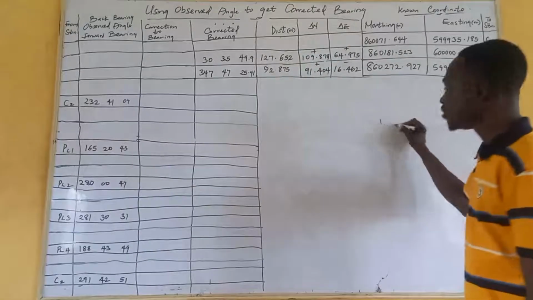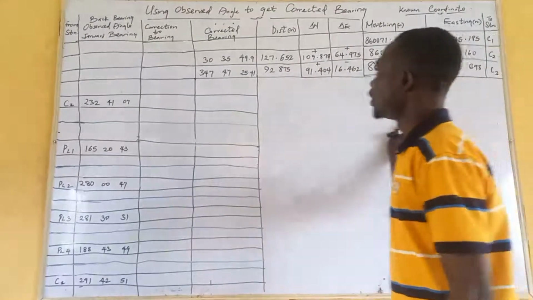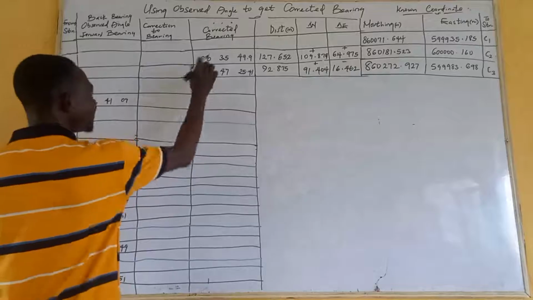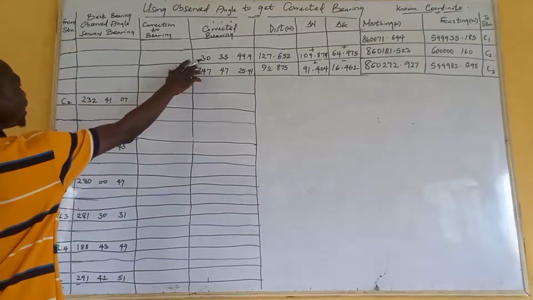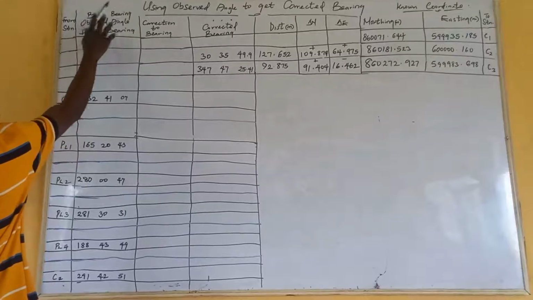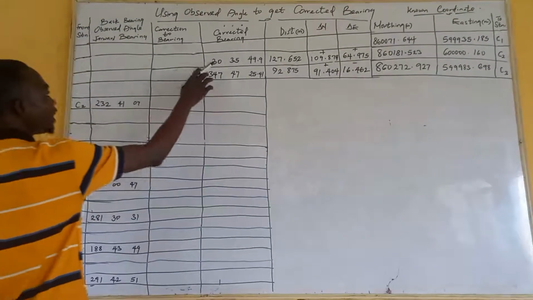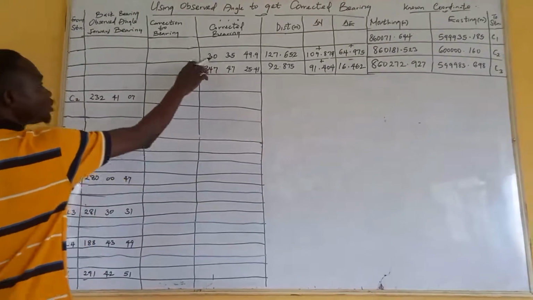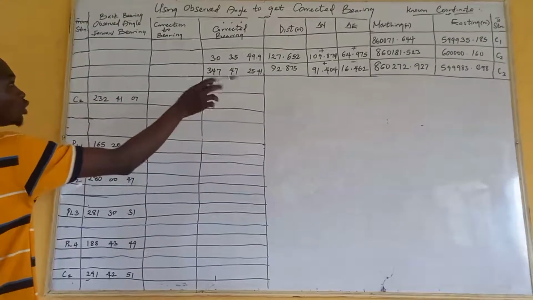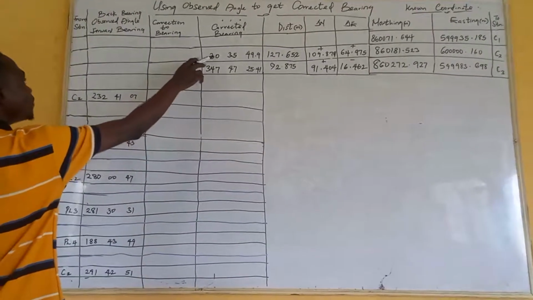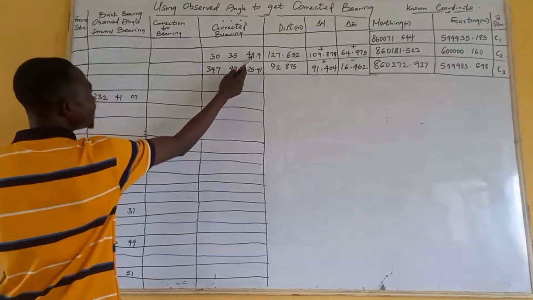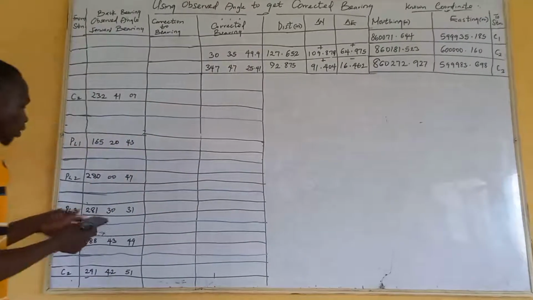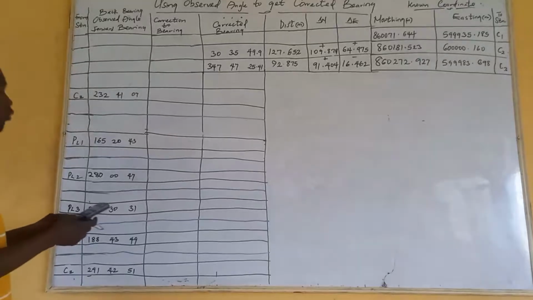that I told you we have L1, L2 like that. And then this is the control C2. So what you simply do is that on the board, we have back bearing, and the back bearing for this, from C2 to C3, is forward. So to obtain my back bearing for this value, which is 30 degrees, 35 minutes, 49.9 seconds, I'll simply add 180 to it.